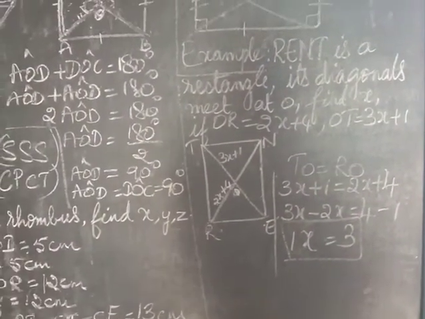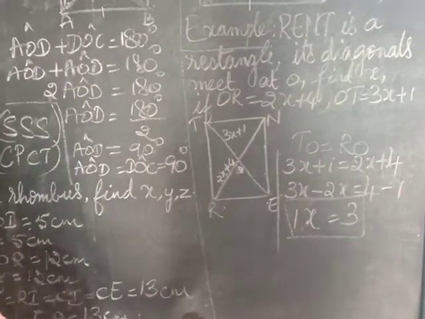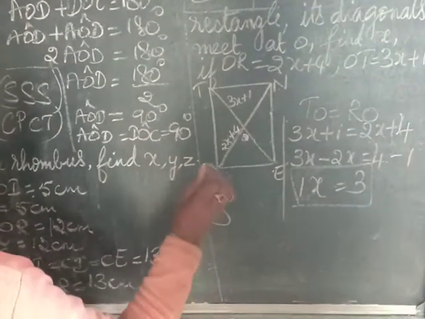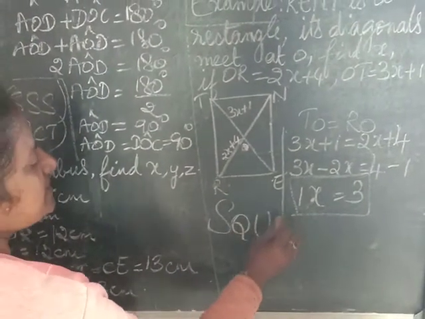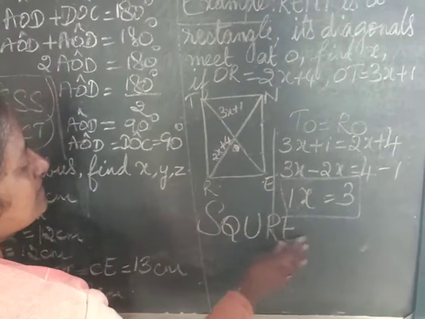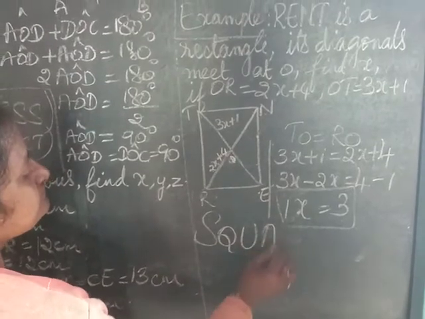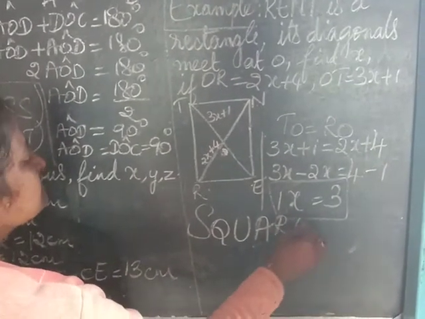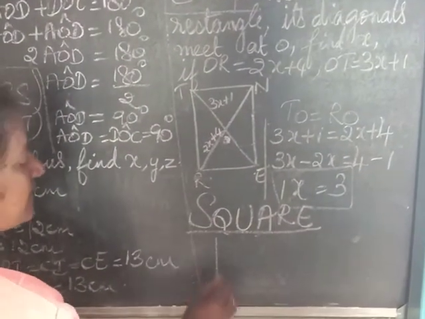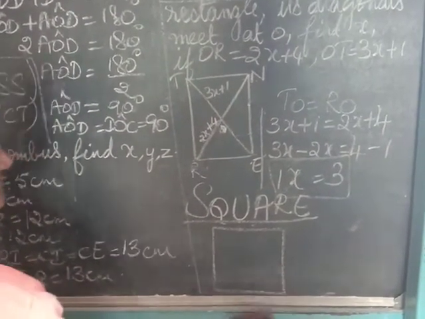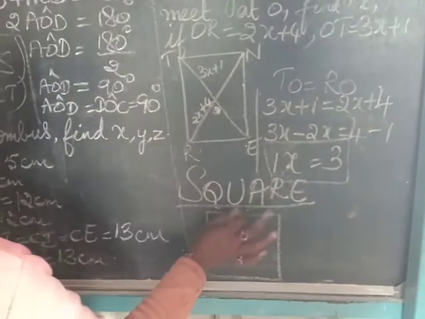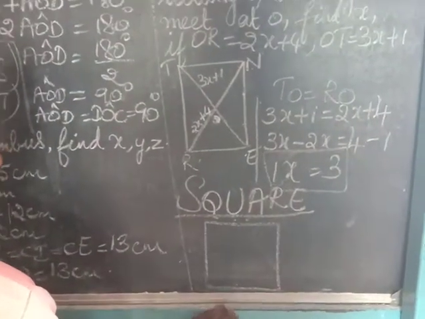Okay, this is about rectangle. Now another special parallelogram is square. What is a square? Since opposite sides are equal, it is a parallelogram.